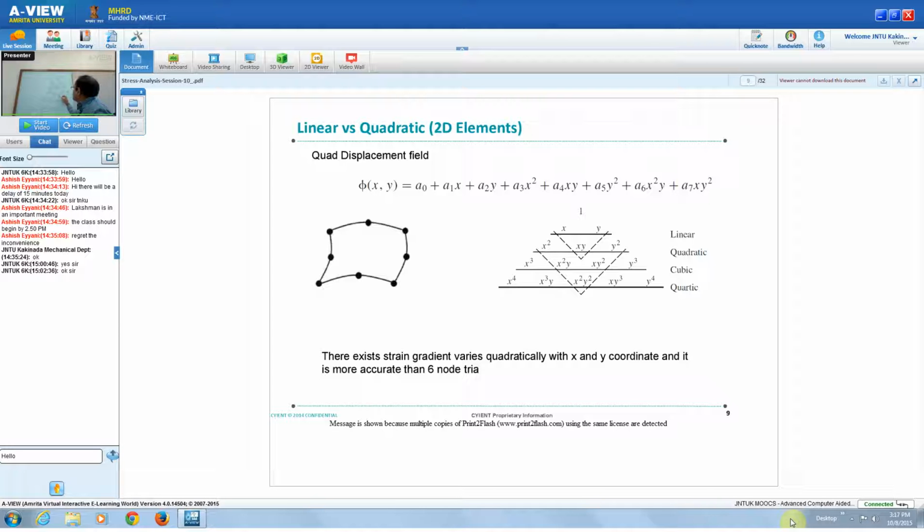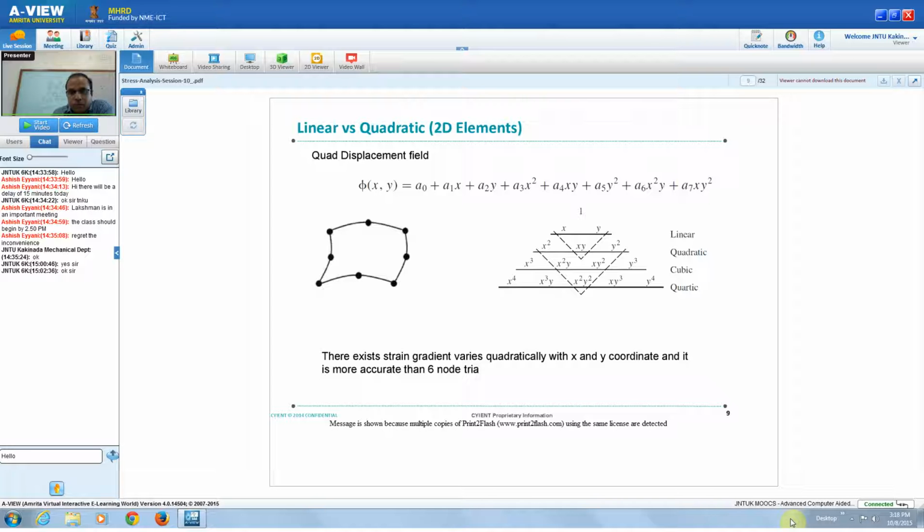That means if we take these 8 things, then it looks symmetric. Again, if you try to differentiate with respect to x and y, we get quadratic factors in the strain.